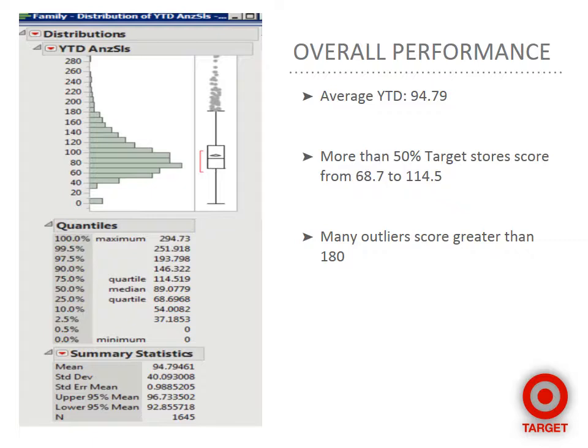I consider that Target stores are performing well overall because, as you can see in the chart, there are a lot of outliers here, which score higher than 180. So there are pretty many stores that perform outstandingly.